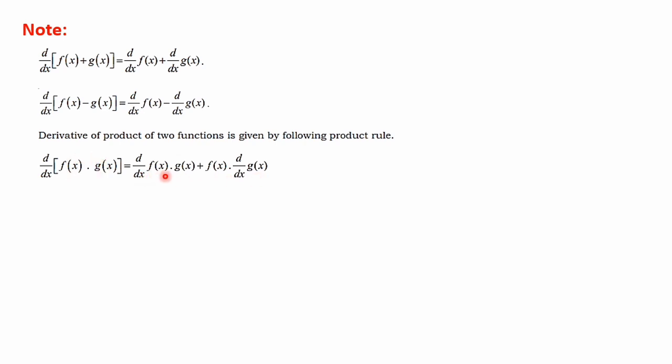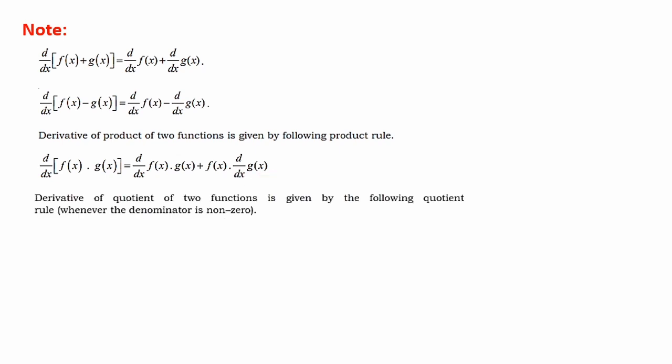So very carefully you have to learn this one. Means d by dx of f of x into g of x is equal to derivative of the first function into the second function alone, not derivative, plus first function into derivative of the second one, d by dx of f of x into g of x plus f of x into d by dx of g of x.